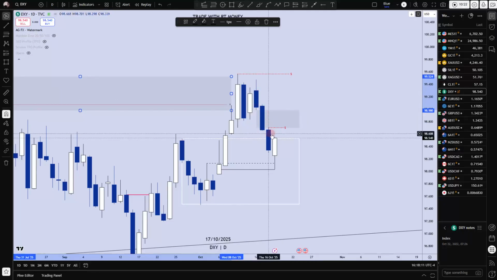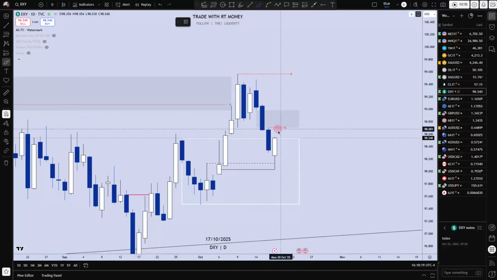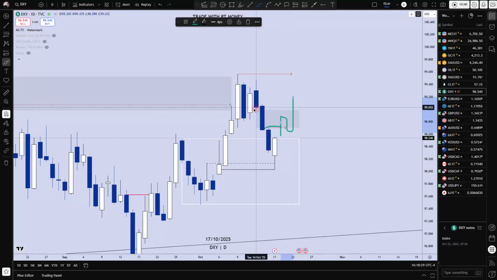And I'm looking for this pullback into this bullish leg to end. The only way it's going to end is if we get price to break this high, trade through it, pull back, react or whatever, and then complete the failure of that bearish fair value gap.